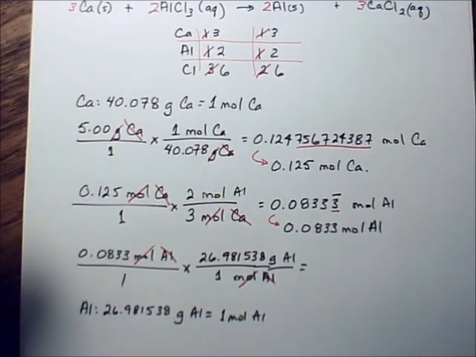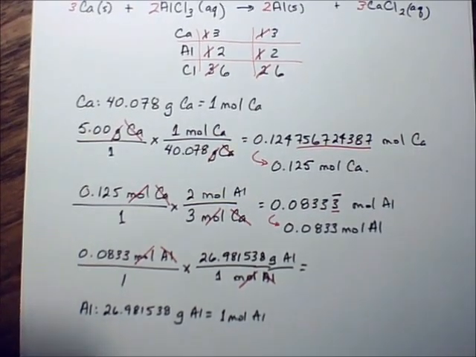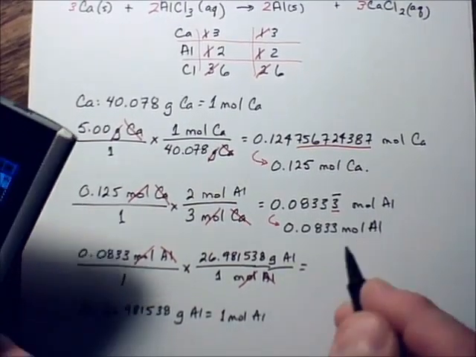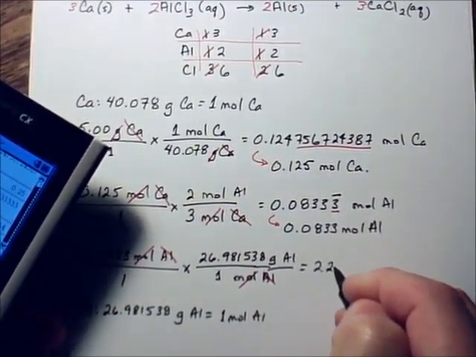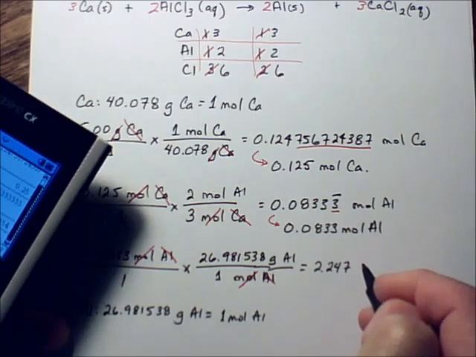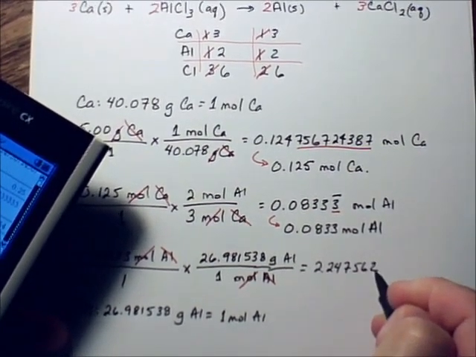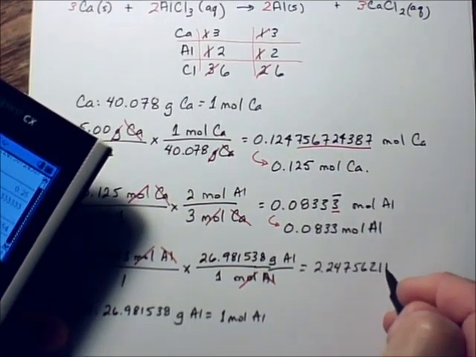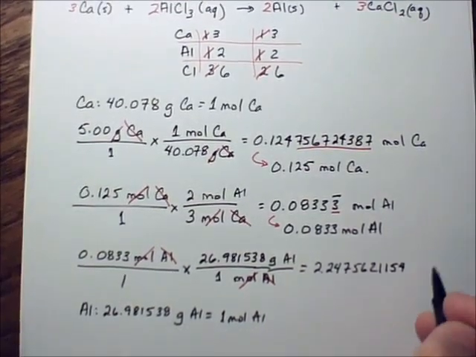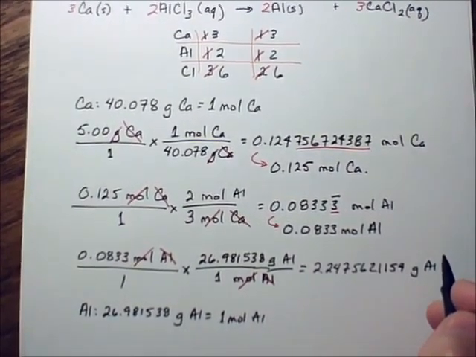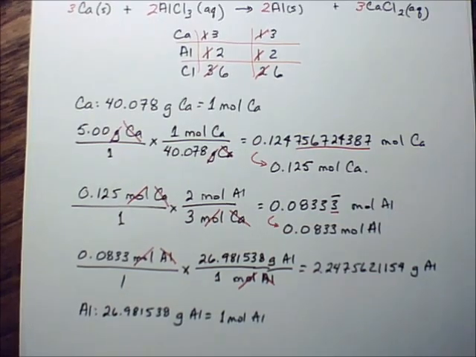So 0.0833 times 26.981538, 2.247562 1154 grams of aluminum. 3 significant digits are needed.